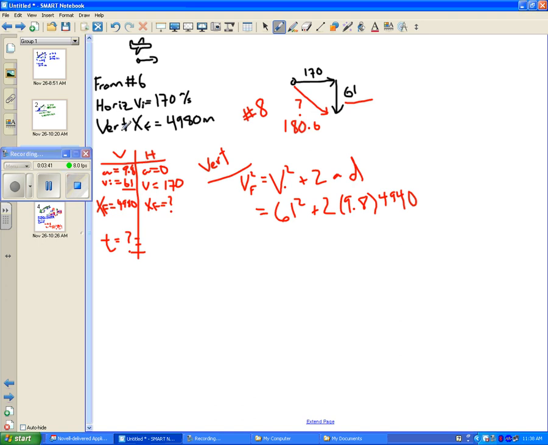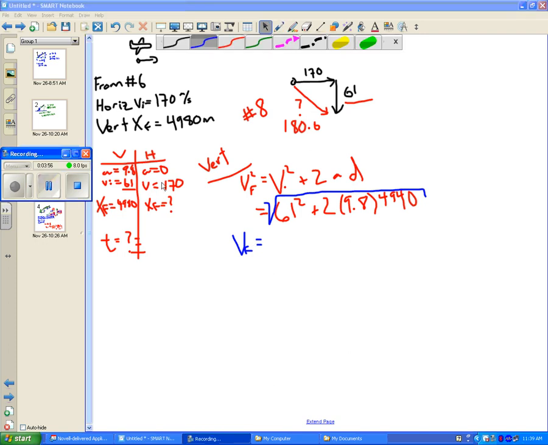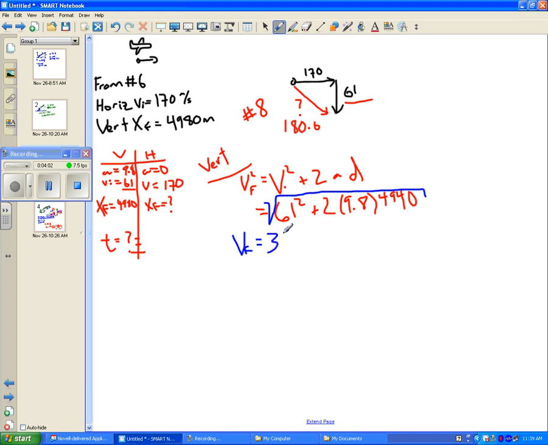So I'm looking for v final. Don't forget to square root your answer at the end. So I'm going to square root this whole thing. I get my final velocity to be 317 meters per second.